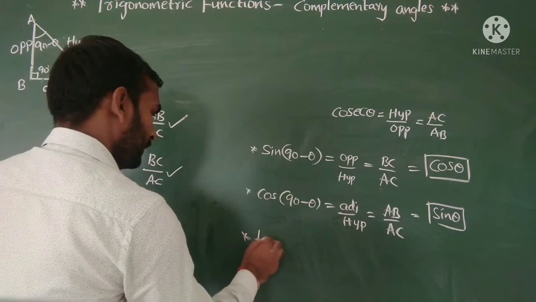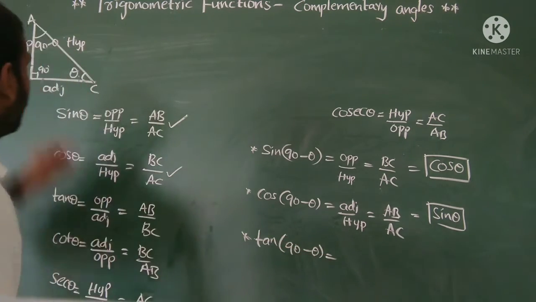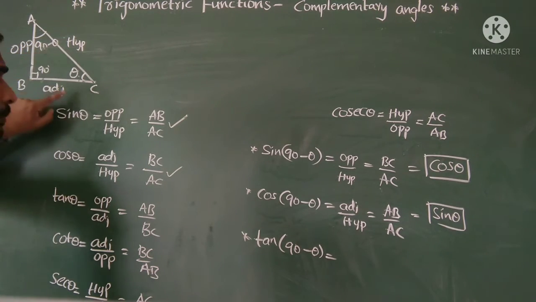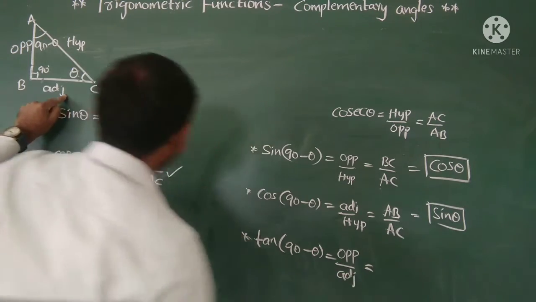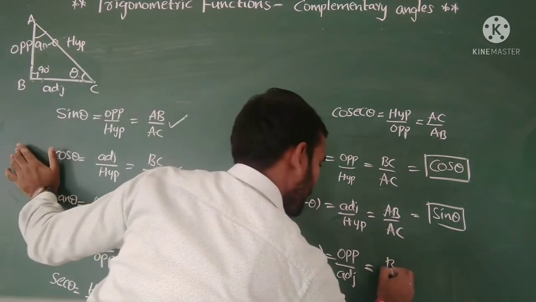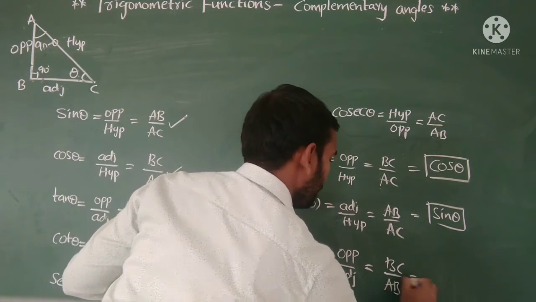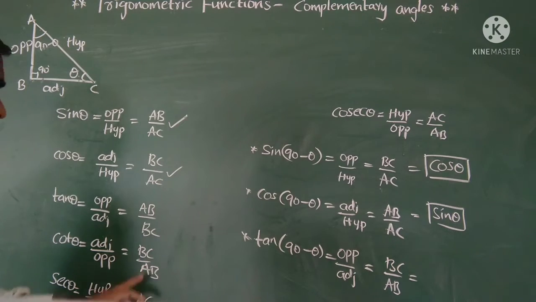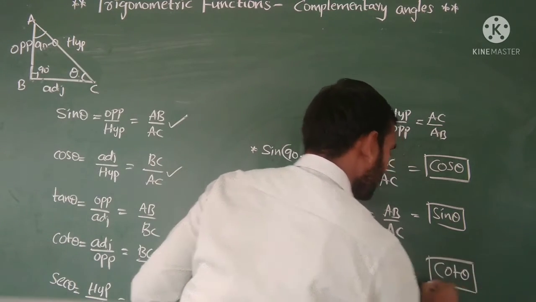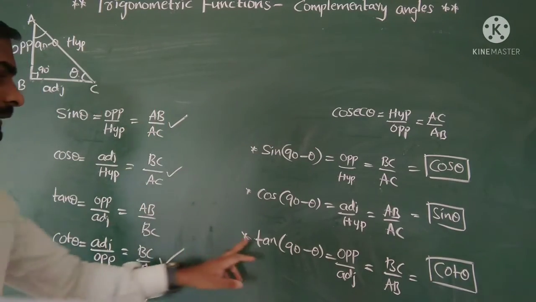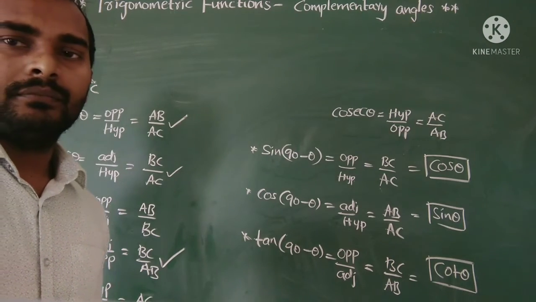Next, tan 90 minus theta. Opposite by adjacent. Opposite is BC, adjacent is AB. So BC by AB. Where do we have BC by AB here? So cot theta. So tan 90 minus theta and cot theta are both equal.